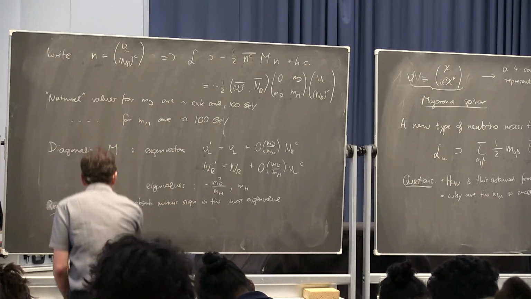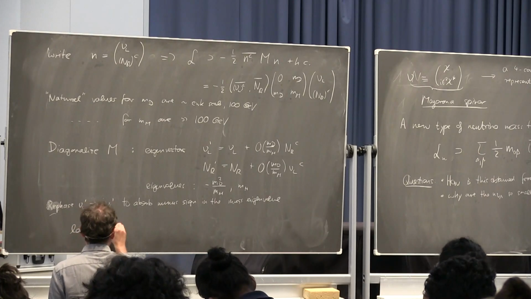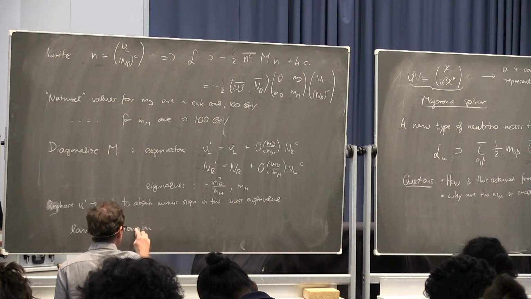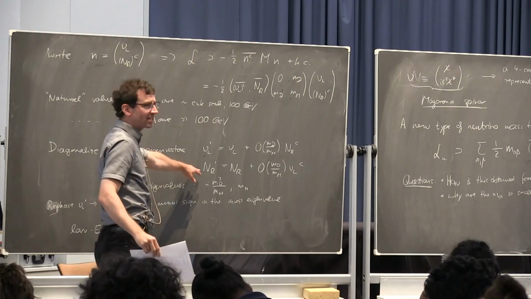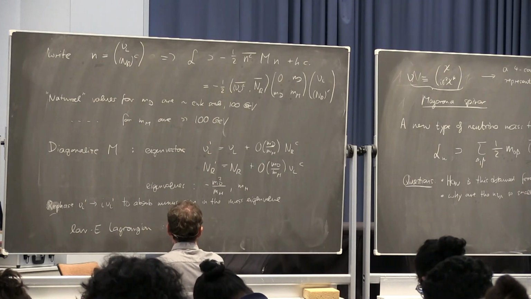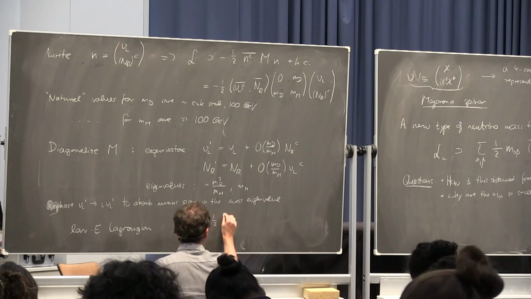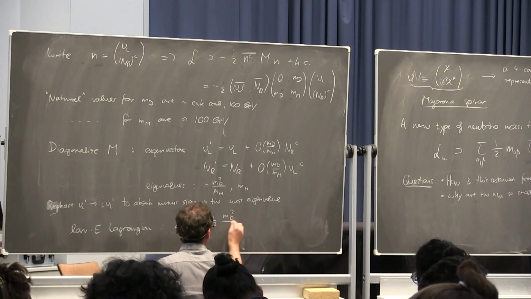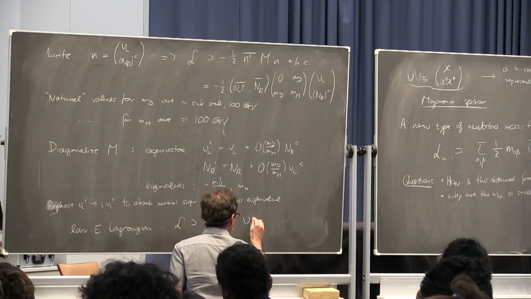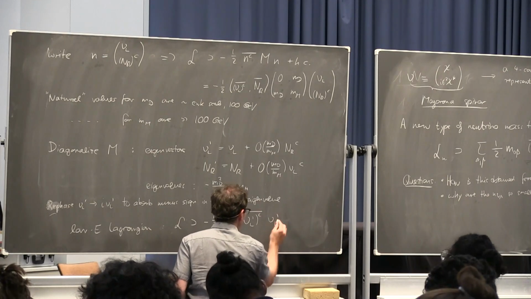And this means that our low energy Lagrangian, so low energy means with the NR fields integrated out, now contains a term minus 1/2 MD squared over MM times nu left prime charge conjugate bar times nu left prime.